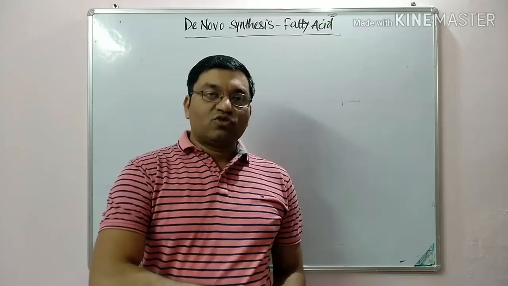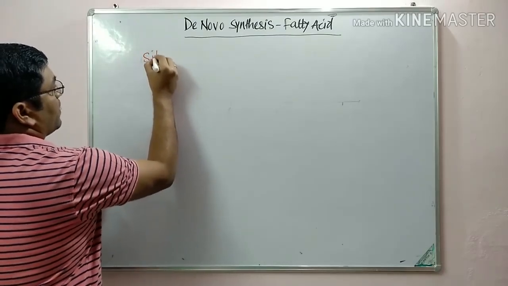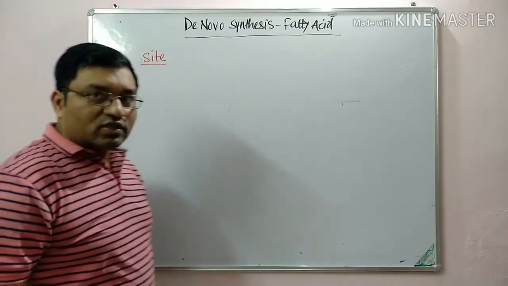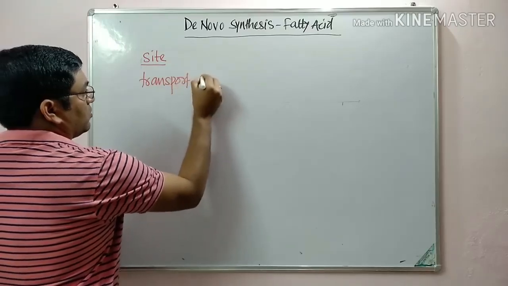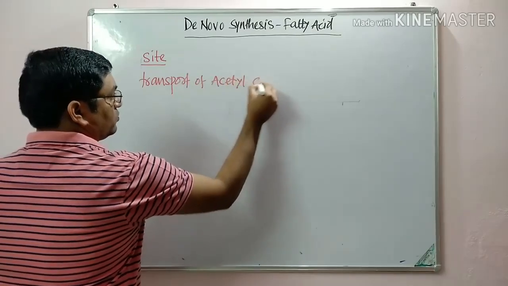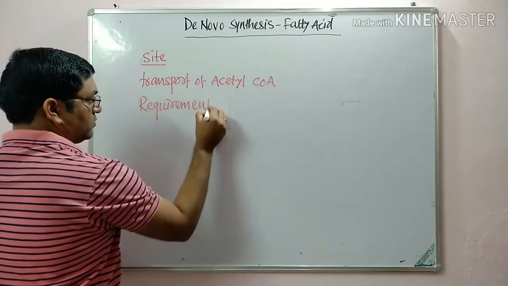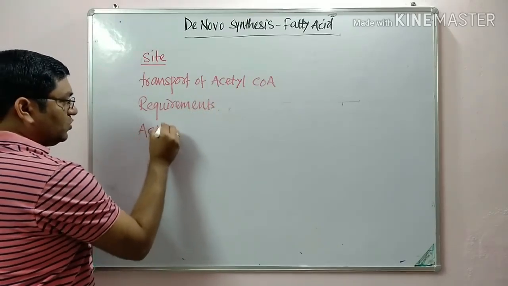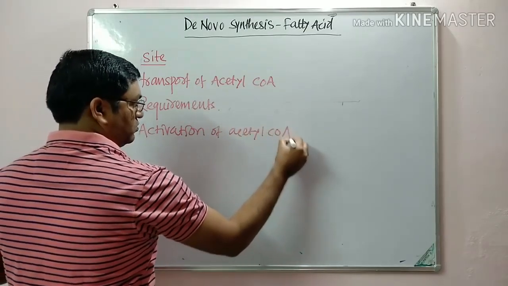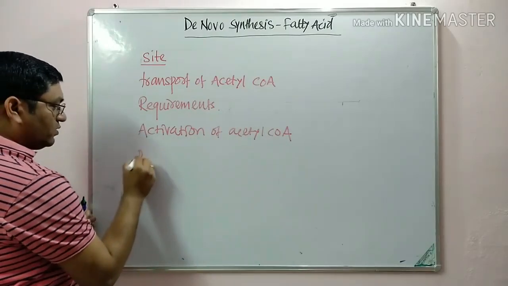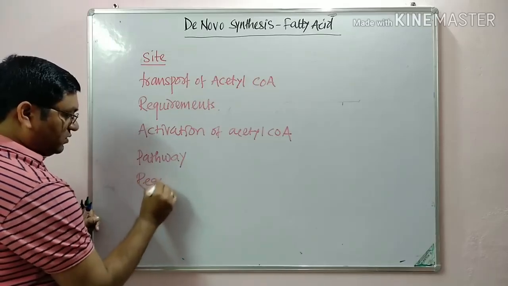We'll discuss it under these headings: first the site of this pathway, then the transport of acetyl coenzyme A, then requirements for the pathway, then activation of acetyl coenzyme A, and the pathway proper, in which we'll discuss the regulation of the pathway.